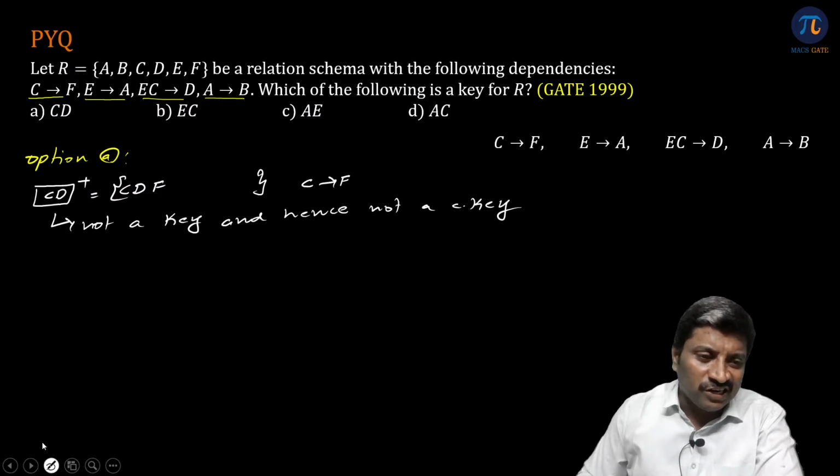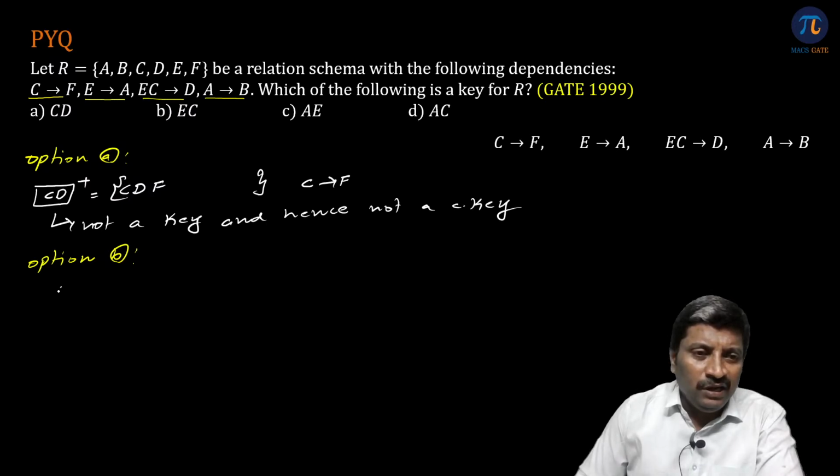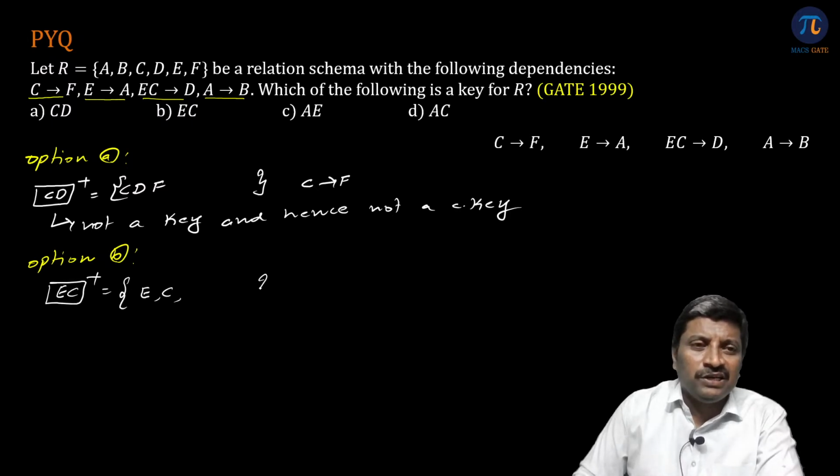Suppose let us try the second option. What is the second option, sir? EC. What is the closure of EC? EC. Anything else? With the E, I can get A. Fine.